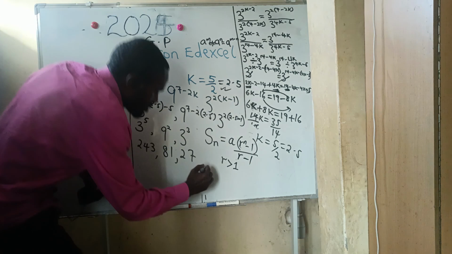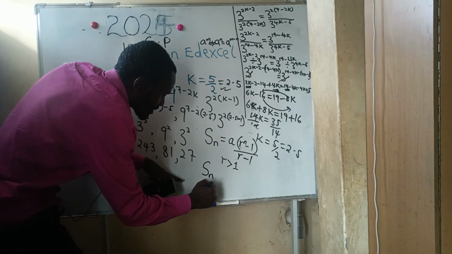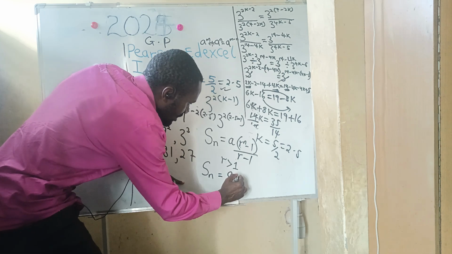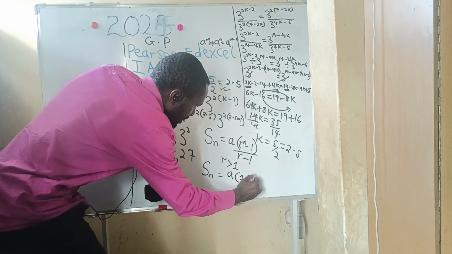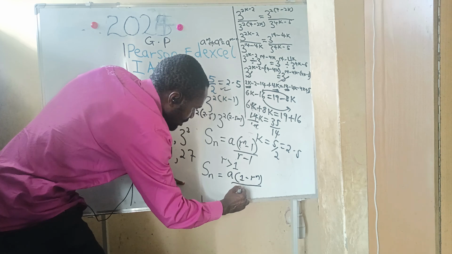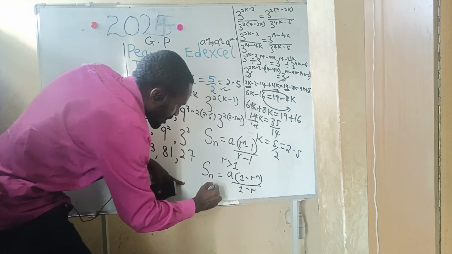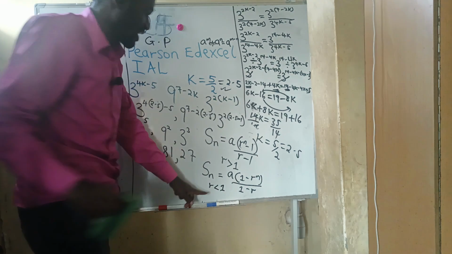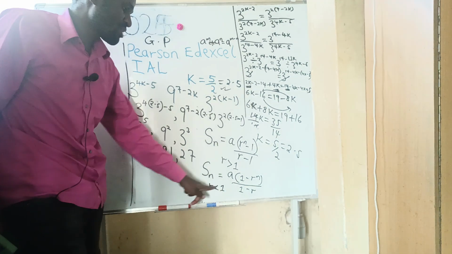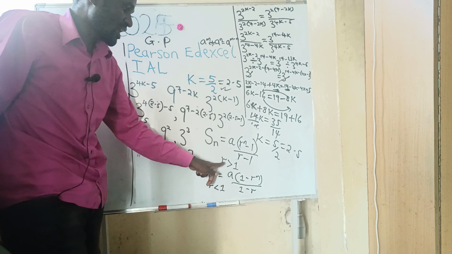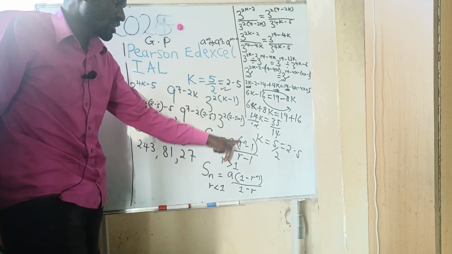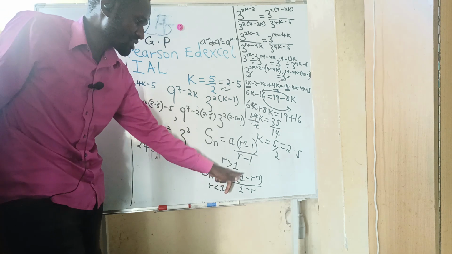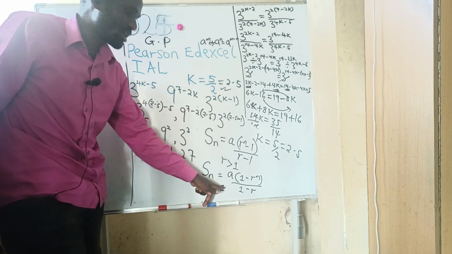In case you want the sum of n terms of a particular geometric sequence, you can also say a times 1 minus r raised to n over 1 minus r, and this works well if r is less than 1. When r is less than 1, then 1 is bigger than r, so we can begin with 1. But when r is greater than 1, we can begin with r. So when r begins, the ratio must be greater than 1. If 1 begins, then r must be less than 1.